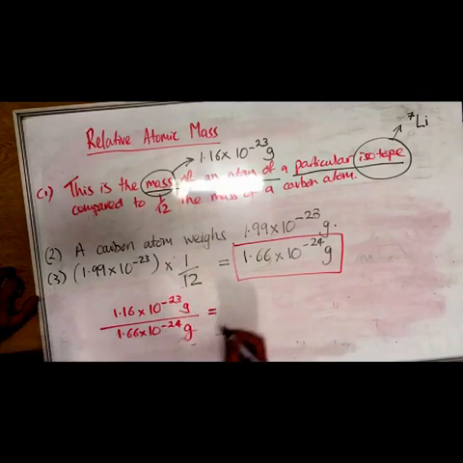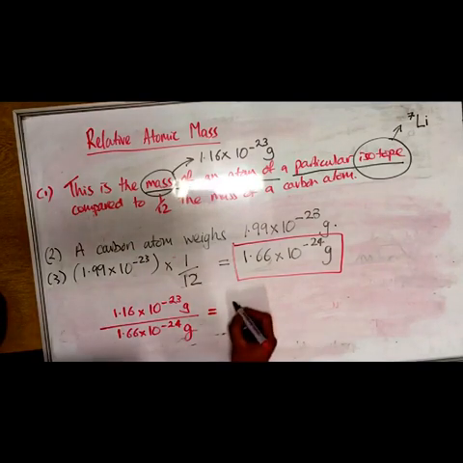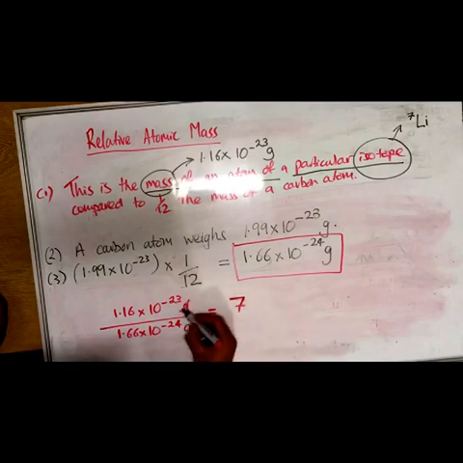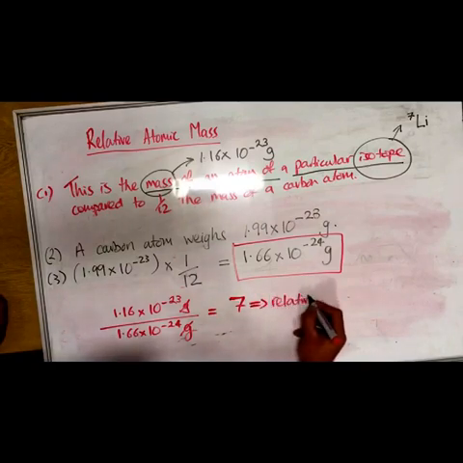Now if you calculate that on your calculator, you will work out the number that you see in the periodic table. It does not have units because the grams cancel out, but the number you will find is 7. And this is the relative mass of a lithium atom. Relative masses don't have units.